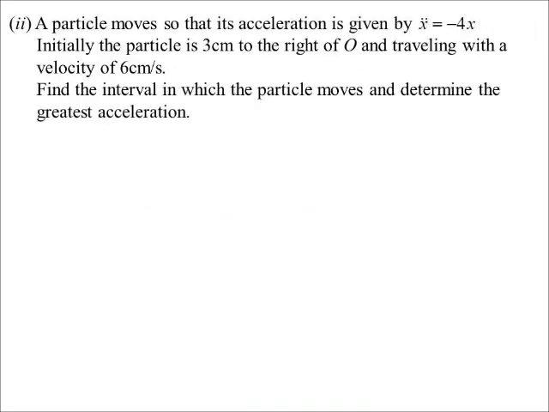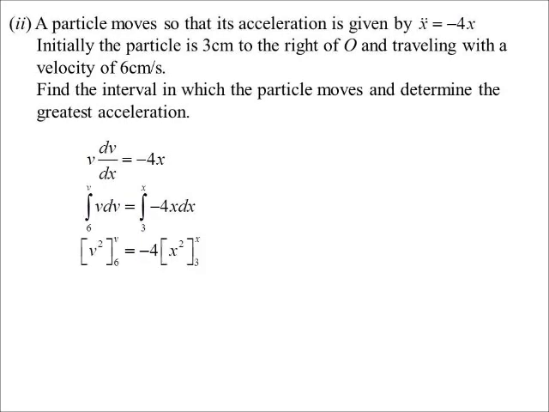So this one starts with acceleration. And now it wants us to find the interval. So again, this is the one where some people go, oh, I'll just quote that v squared equals n squared, etc., etc. Whereas I'd say with this one, well, I'll just go to v dv/dx. Separate the variables. They told us when x is 3, velocity was 6.